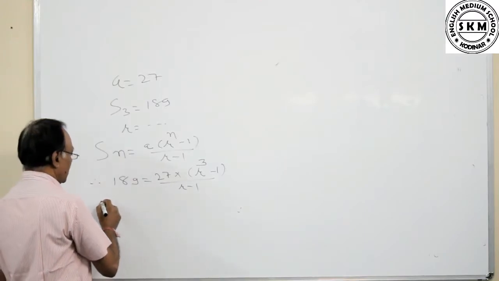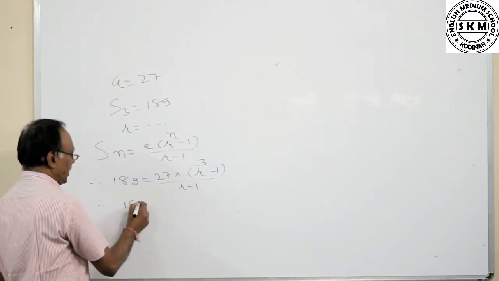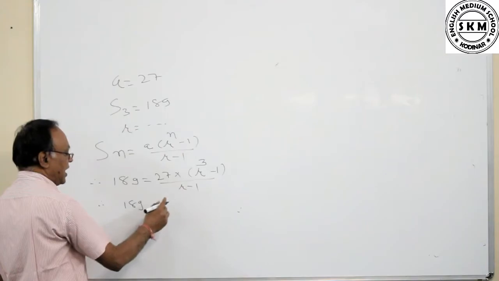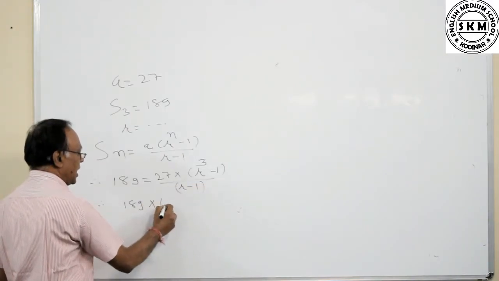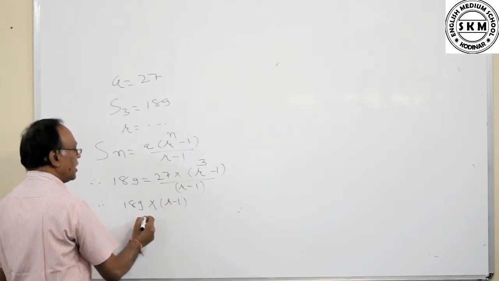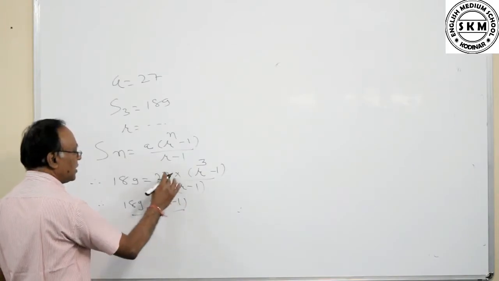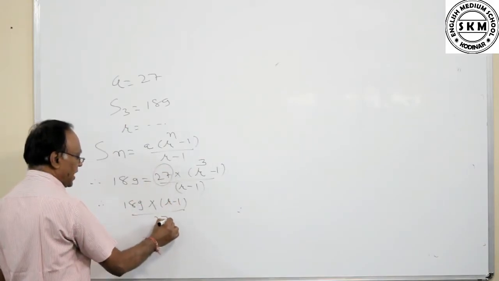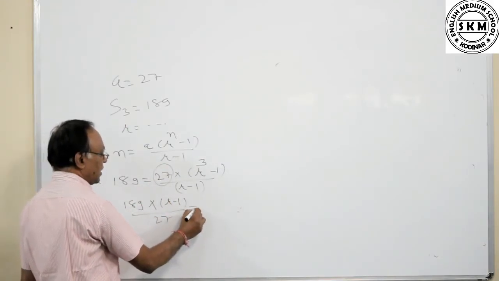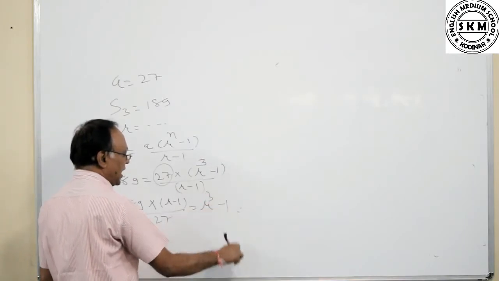Now 189 divided by 27, and r minus 1 is multiplied on the other side, so it becomes r cube minus 1.